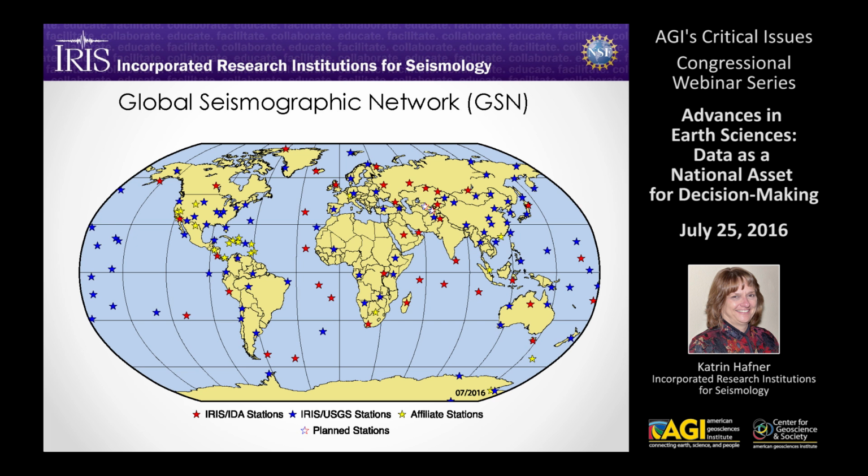It's a joint project between IRIS, funded by the NSF, and the USGS. IRIS operates about a third of those stations, shown in red on this map. The USGS operates about 100 of these stations. And we also get contributions from a number of international networks, but they basically operate those stations.